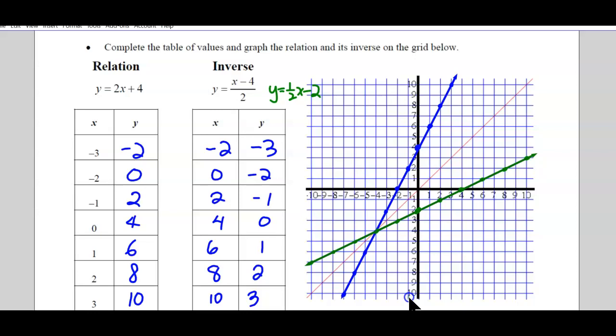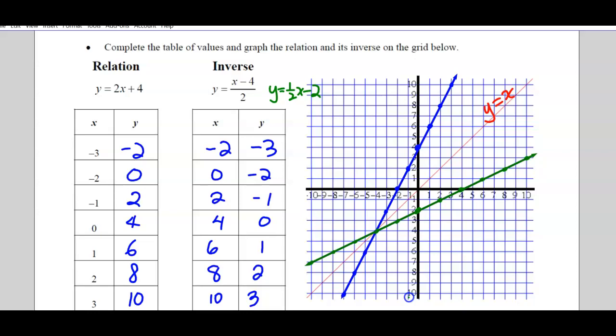The red line is not on yours, but this line here is the line y equals x. The y-intercept is 0, slope of 1. If you folded your graph on that line, these would overlap, and they're the same distance apart.